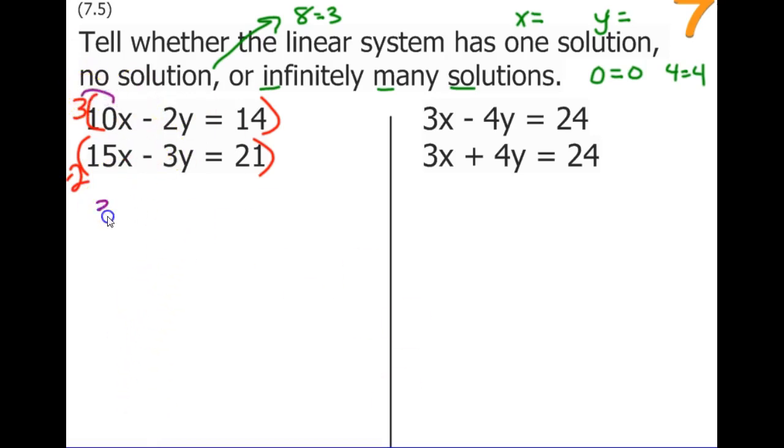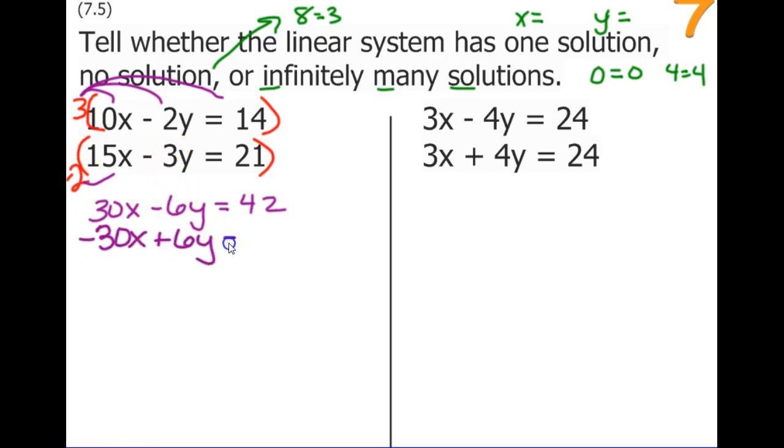So here we have 30x minus 6y, and then 3 times 14 should give me 42. And on the bottom, negative 2 times 15 is negative 30x. Negative 2 times a negative 3 makes a positive 6. And negative 2 times 21 gives me a negative, we're going to double it, 42.